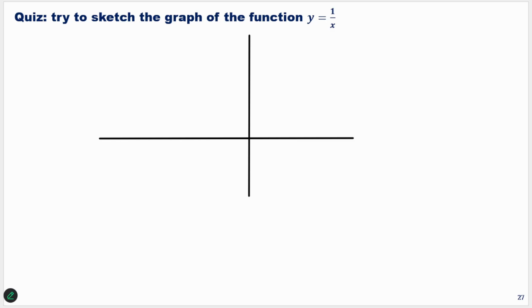I think it's like this. Or like this. Oh, sorry. So there are two branches, right?